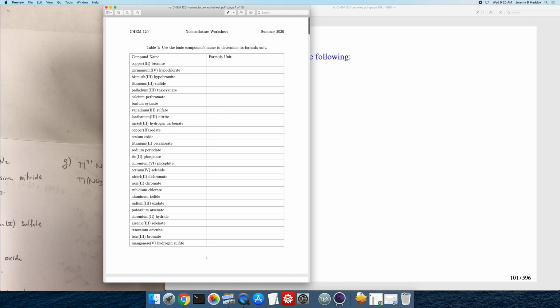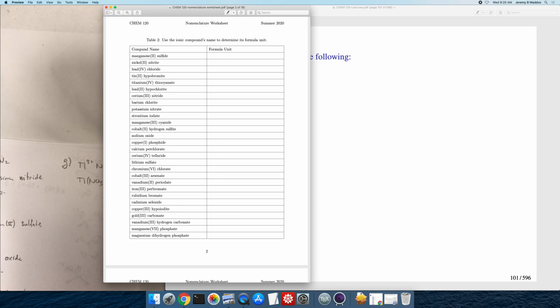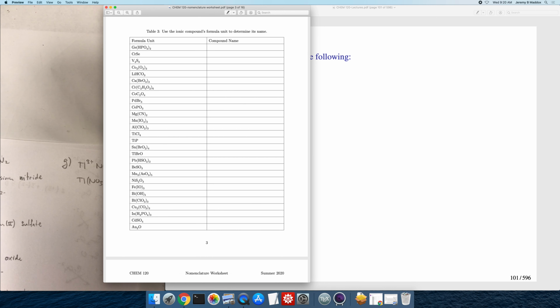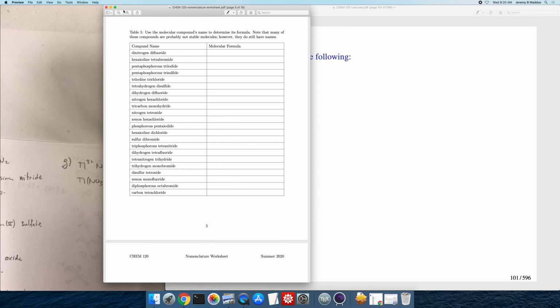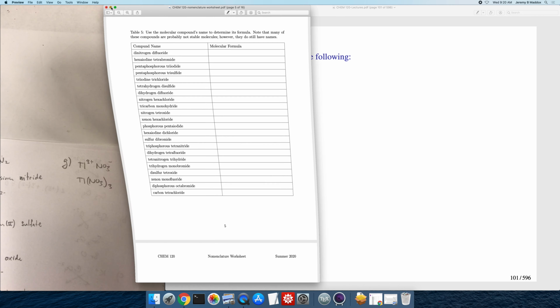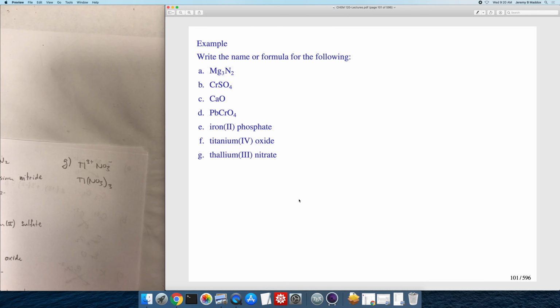So you definitely need to practice this kind of thing. So this first page is going from ionic compound names to their formulas. There's a second page of that as well. And then the third and fourth pages are going from formulas to names. So plenty of opportunity for practice. And then the remaining pages correspond to different types of compounds. And so we'll move on to that part next.